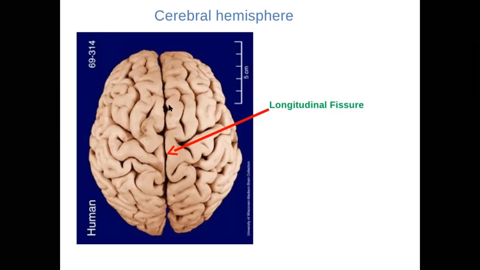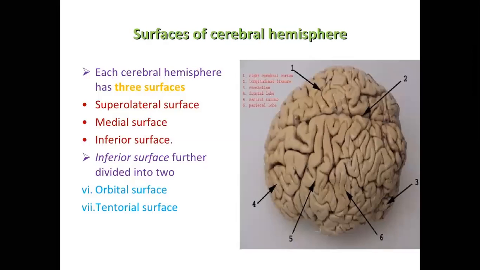So when you see the cerebrum, it has an anterior pole, posterior pole and inferior pole. Three poles are there. And the surfaces: this surface, what you see, is the superolateral surface. Once we cut, I'll show you the medial surface and inferior surface.